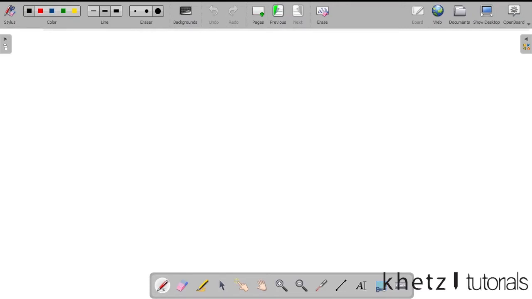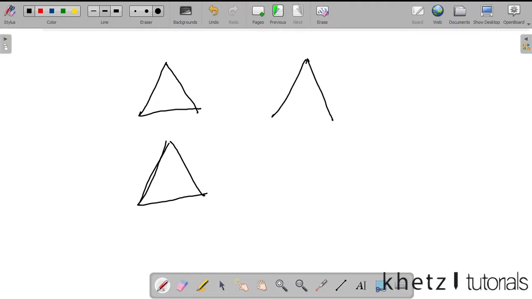I'm just going to do rough sketches, and I hopefully will have much neater diagrams later on. I just want to talk about this in passing. Let's draw 4 triangles, and we're going to talk about each diagram. So don't mind the diagrams now, they're going to get a little bit better.